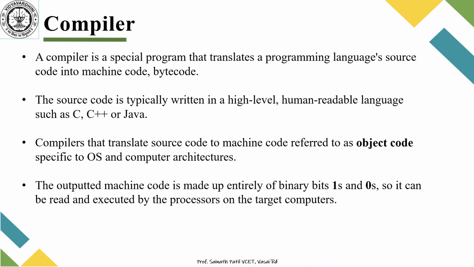The compiler translates that source code to machine code, which is referred to as object code, specific to the machine and the computer architecture on which our program is going to execute. The output machine code is made up of binary bits, zeros and ones, so it can be read and executed by the processor on the target computer.